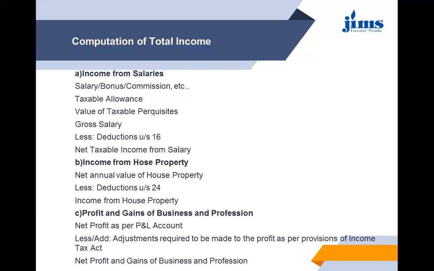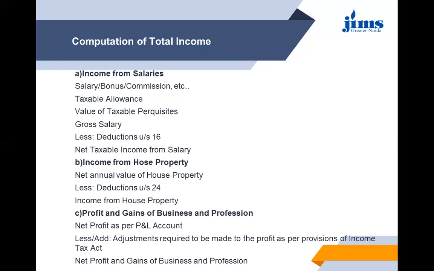So what is this procedure, how is it calculated? Number one, we have income from salaries. Income from salary includes salary, bonus, commission, etc., taxable allowances, and the value of taxable perquisites. Then it becomes your gross salary. From this gross salary, we deduct the deductions permissible under section 16.